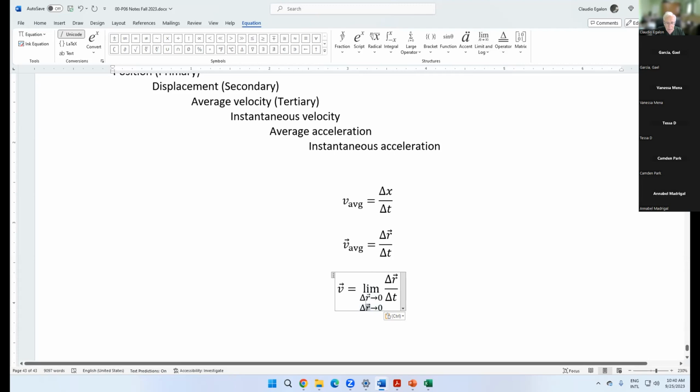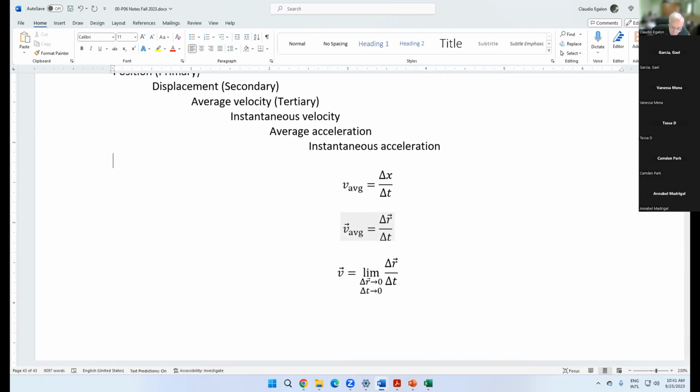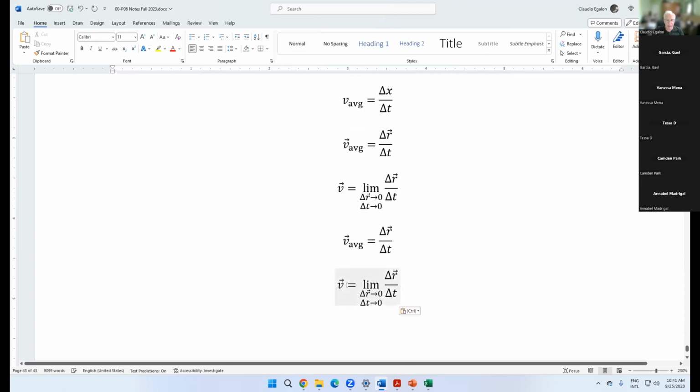One is a vector, the other is a scalar. That's the instantaneous velocity. And what's next? Average acceleration, right? Average acceleration is going to be final velocity vector minus initial velocity vector, and so on.